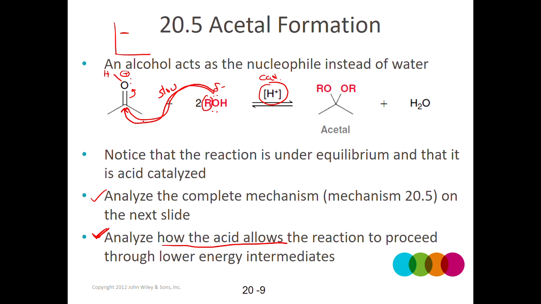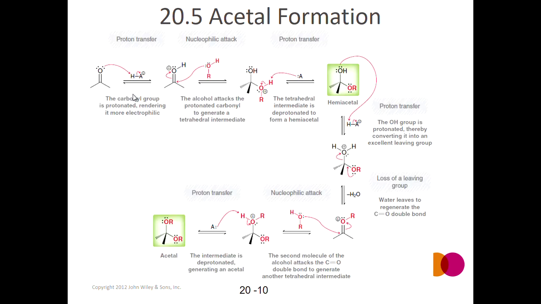It allows the attack to occur without forming an intermediate that has two formal charges, so the next intermediate's not that much higher than the initial one, and that allows the reaction to occur without an extremely high activation energy, right? So the same thing we were saying before. So here's the full mechanism for that. And this is one that I might ask you to draw out.